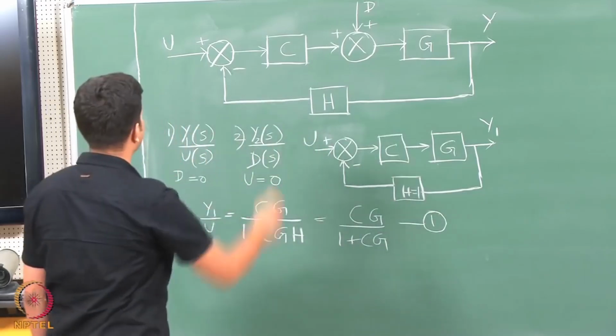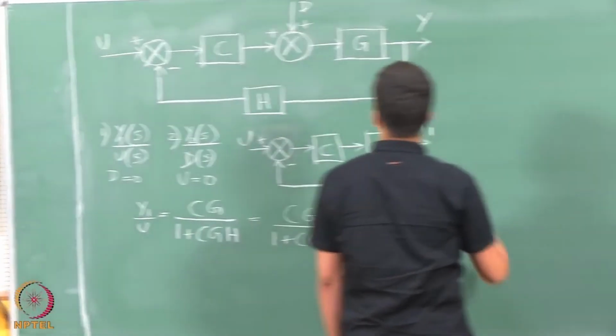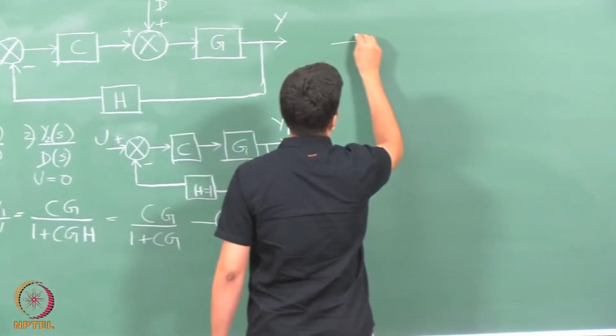Now, you will find the other transfer function by making u 0. So, when we make that 0, we get a diagram like this.